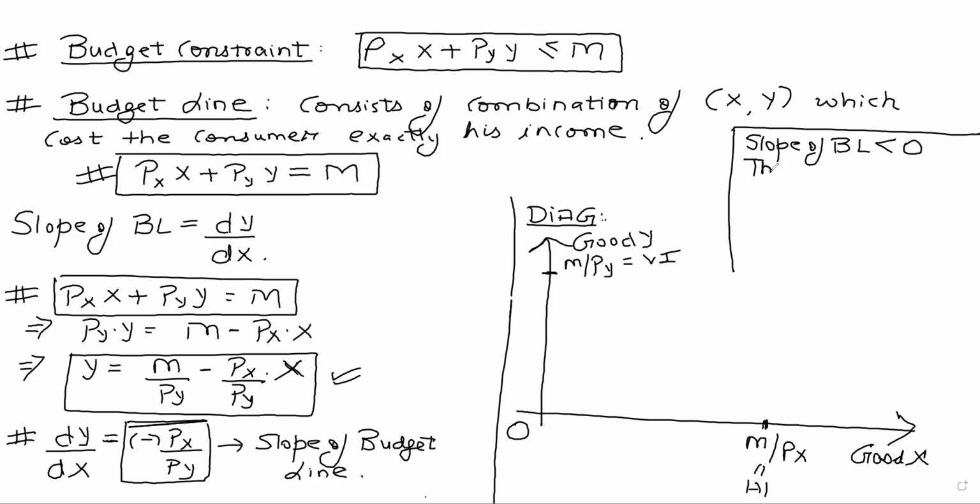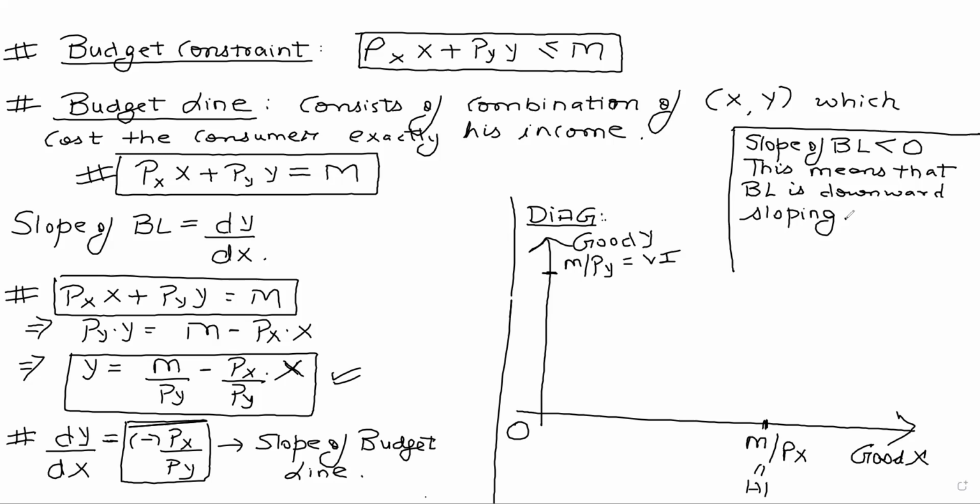This means that the budget line is downward sloping. When the slope is negative, mathematically the budget line is downward sloping. This means if the consumer decides to buy more of good X, the consumer will have to sacrifice some amount of good Y because income is limited. The consumer is constrained by income.